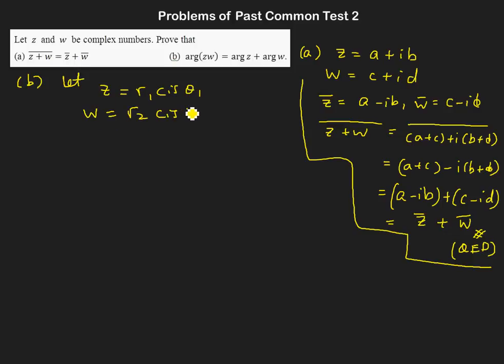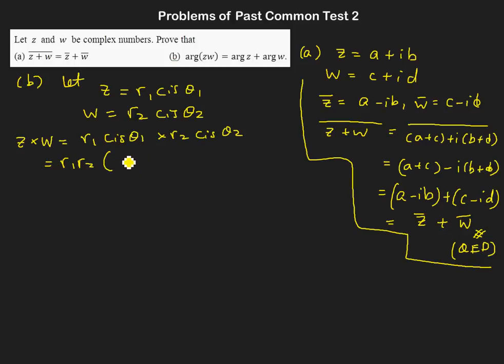We do not know what Z and W are, so we just let them be anything. And let's multiply this, Z multiplied by W. So this is r1 cis theta 1 times r2 cis theta 2. I'm going to collect r1 and r2 and try to deal with cis theta 1 and cis theta 2.